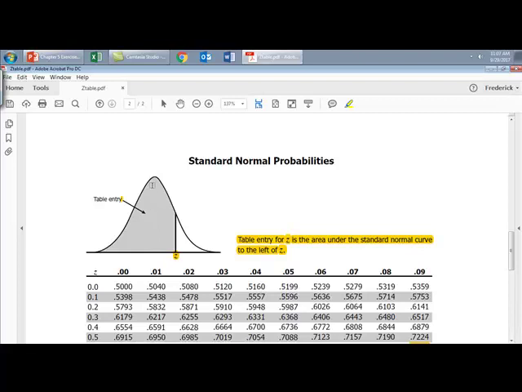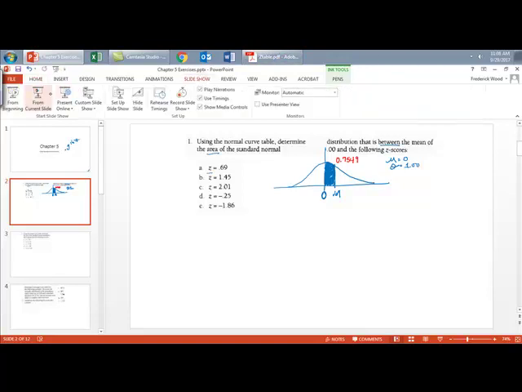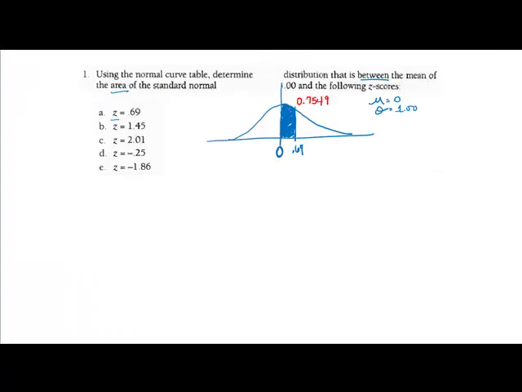So how much area is from 0 back? Well, that's with a z-score of 0, because that's where we started. So let's go back. It's 0.5. So from here back is 0.5000. So I hope everybody understands how I got that.